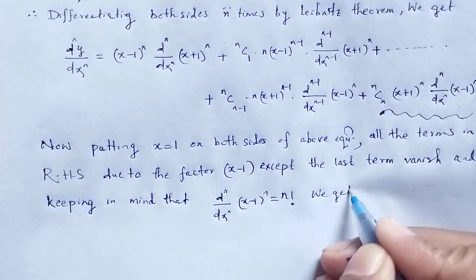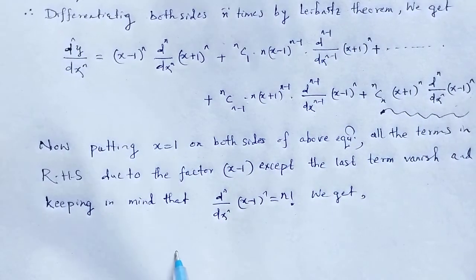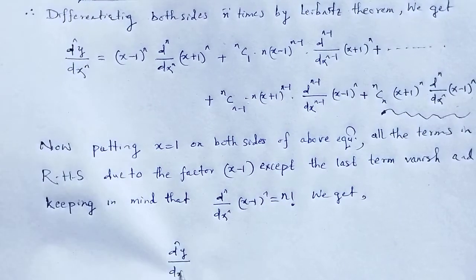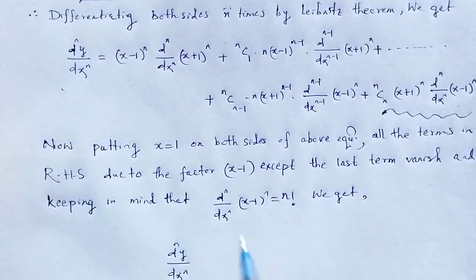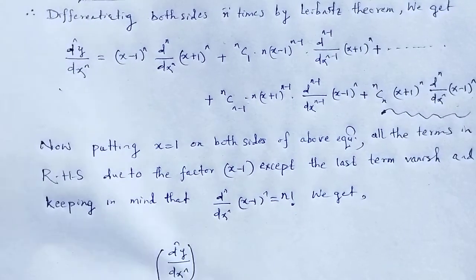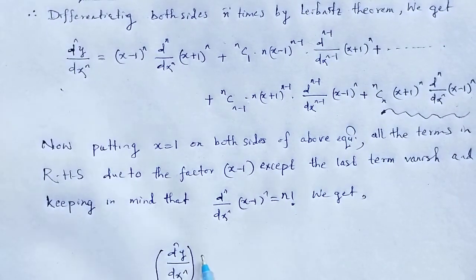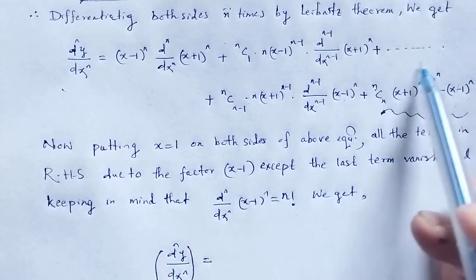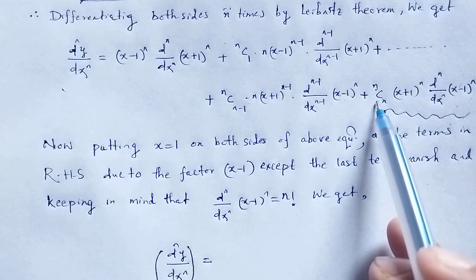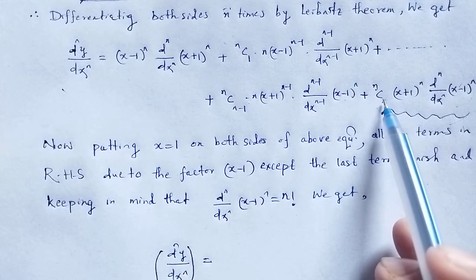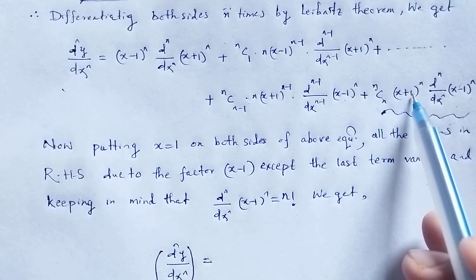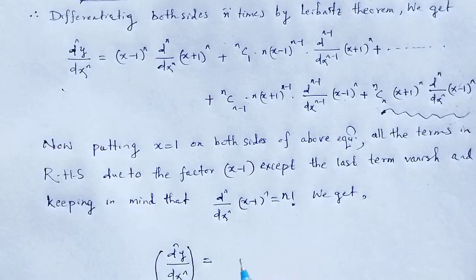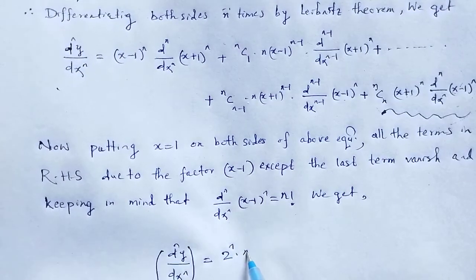We get d^ny/dx^n at x is equal to 1 will be how much: all these terms are 0, only that term exists, that is nCn is equal to 1, times (x+1)^n, that is (1+1)^n, that is 2^n into n factorial.